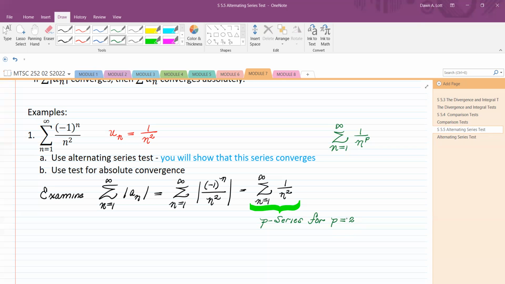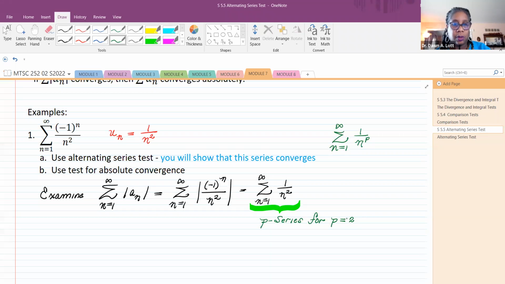When it's less than 1. Okay, I think when P equals 1, it diverges. So when it's not 1, then it converges.